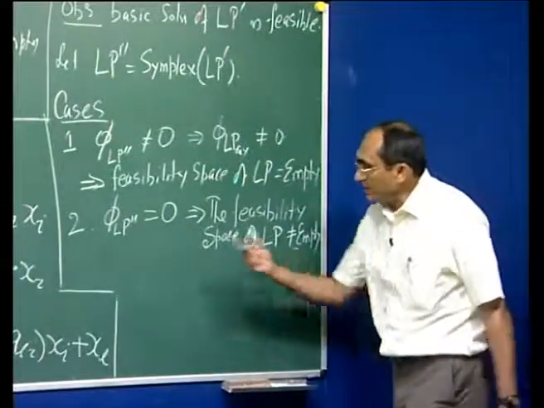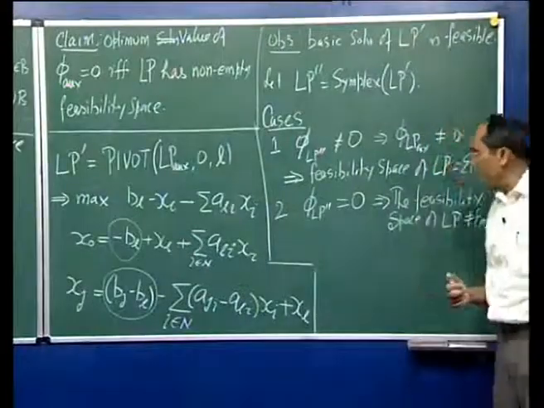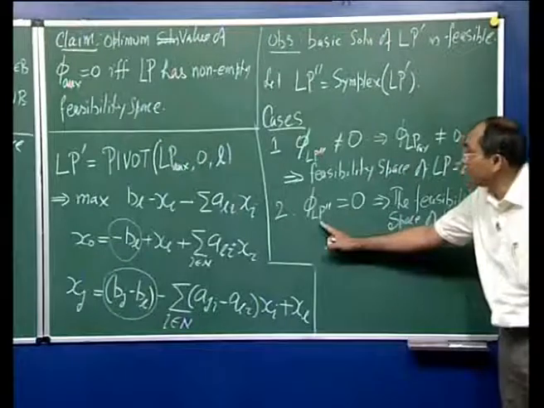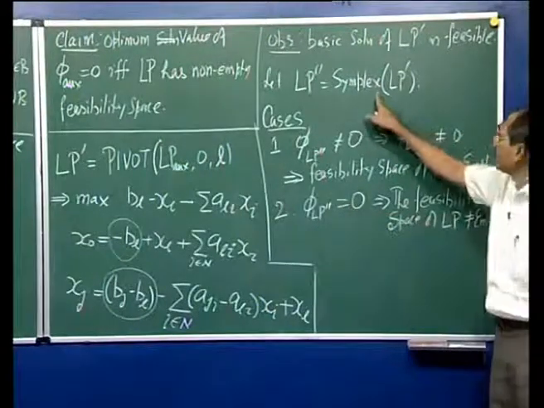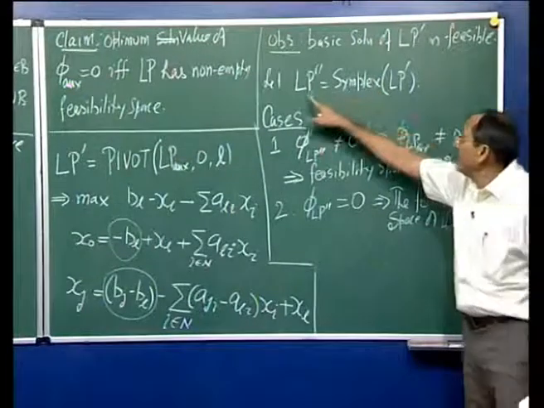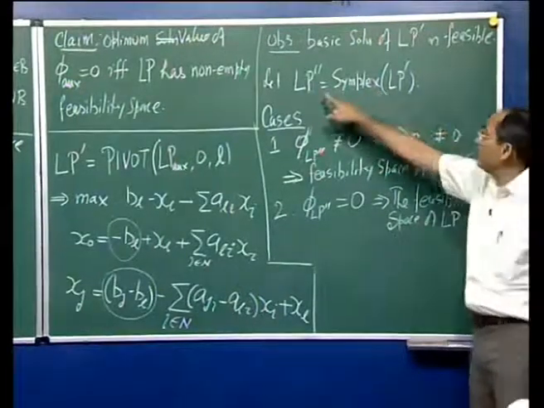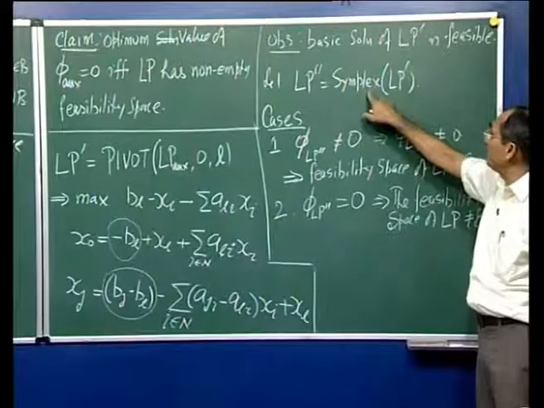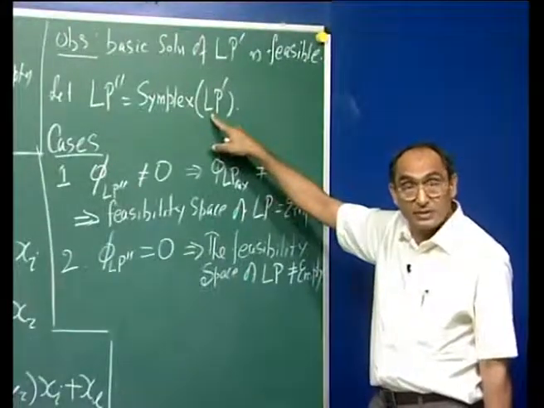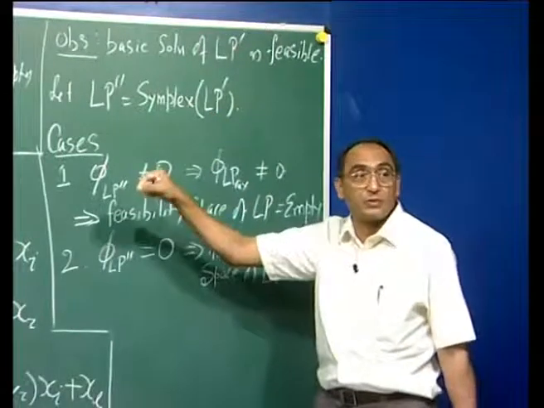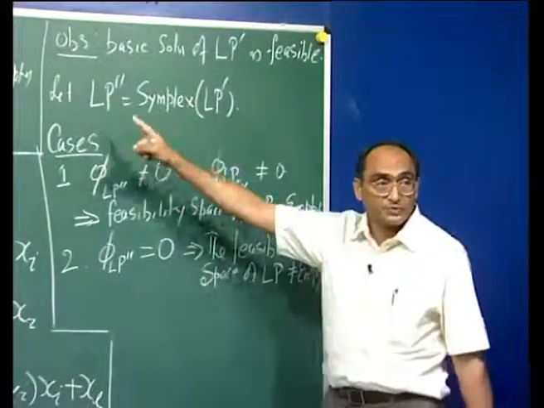Now, let us look at LP double prime. What we notice is that LP double prime is the last form when we ran simplex program on this, and we notice that in this case, when we start with a program which has feasible basic solution, every subsequent program has feasible basic solution.